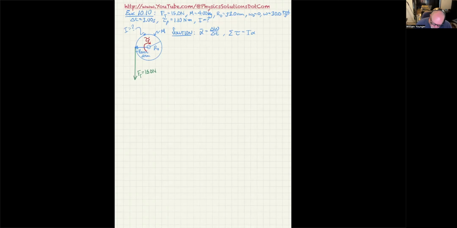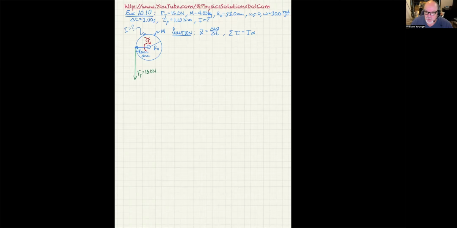The equation we're using is the summation of the torques is equal to I times alpha. Remember that works in any frame as long as the axis of rotation doesn't change and the reference frame is inertial. So, in other words, if it obeys Newton's first law of motion or Galileo's law of inertia, or if it appears to, then it should be an inertial reference frame, and therefore you can use that.